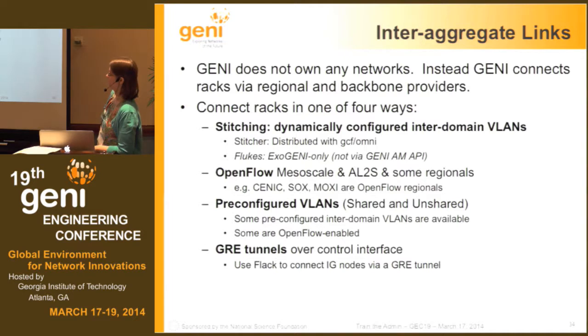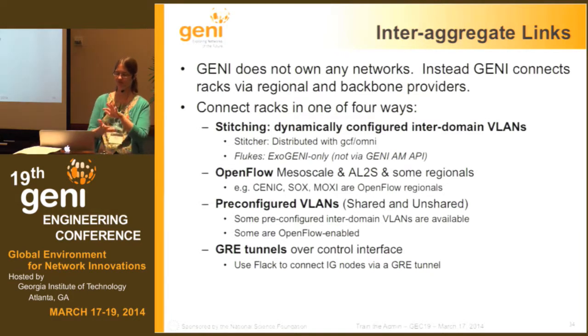That involves dynamically configuring VLANs across different domains. There's a tool called Stitcher that's distributed with GCF and Omni that supports this. In addition, EXOGENI has its own intra-EXOGENI stitching, I don't know what to call it, that works in parallel to GENI stitching.